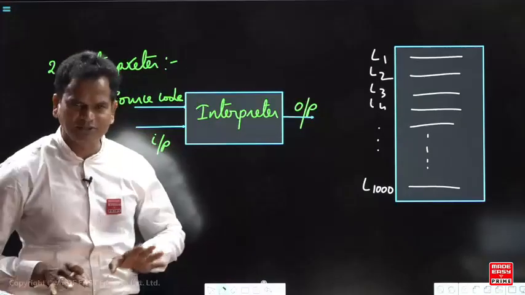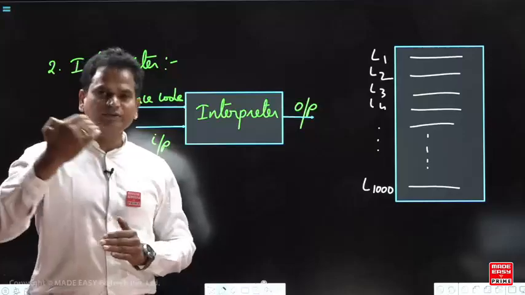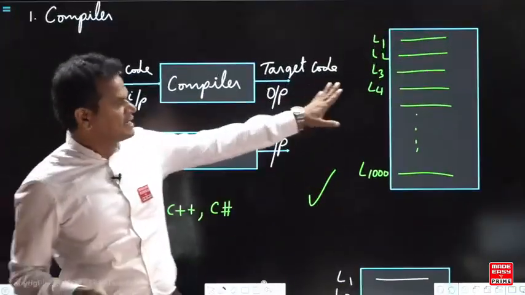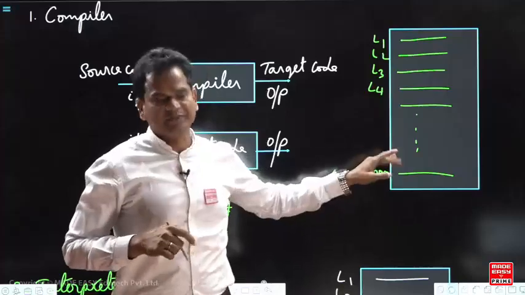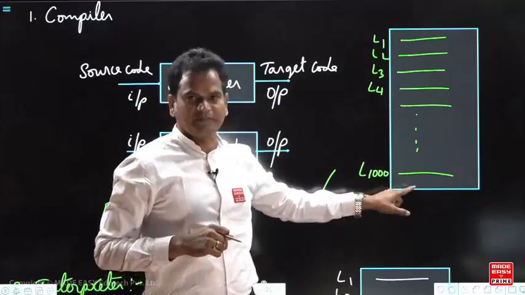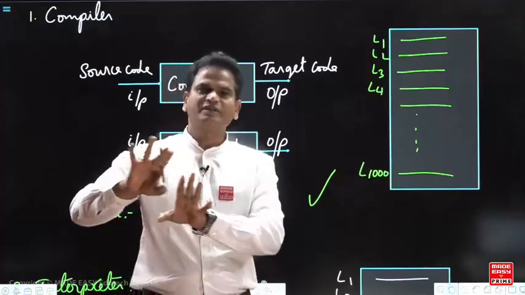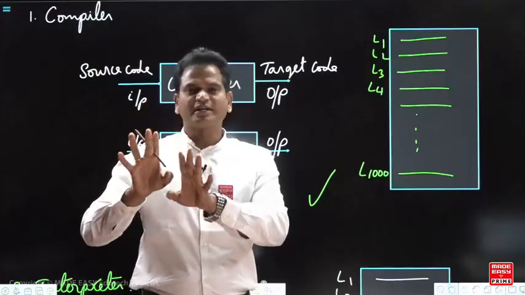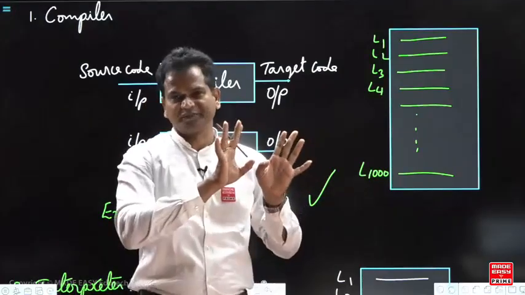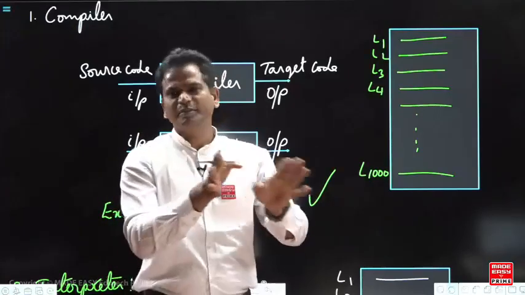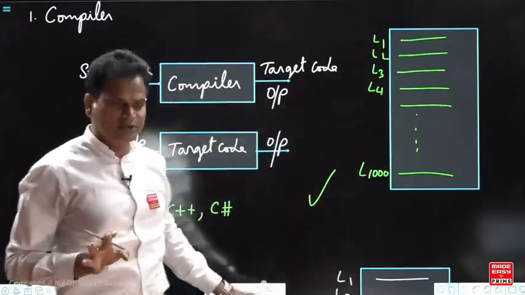Of course, the compiler also goes line by line, but even if there are errors at some line, the compiler won't stop. It goes from top to bottom through all the lines, and if any errors are present, all of them will be given, such as an error at a particular line and column number. All the errors will be produced like that.